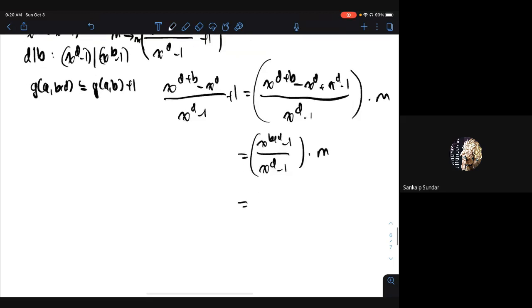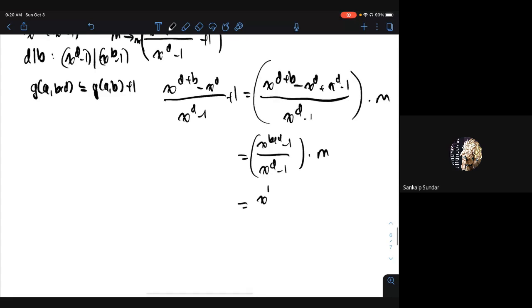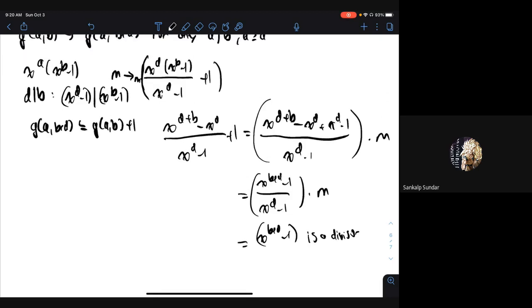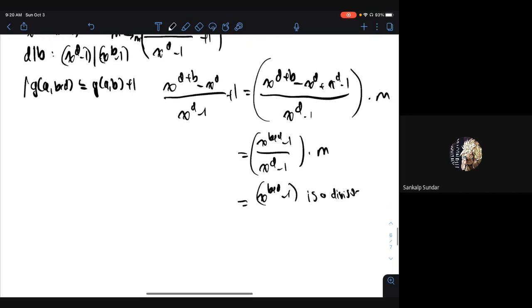And now this d minus 1 can just go to the other side, so we have x to the b plus d minus 1 as a divisor. And our a is preserved, of course. We didn't do anything that affects it, we never divided by any factors of x. So we're divisible by at least that many factors of x, so we still have an x to the a. So that proves this inequality.